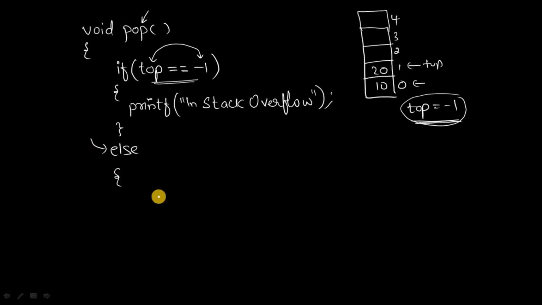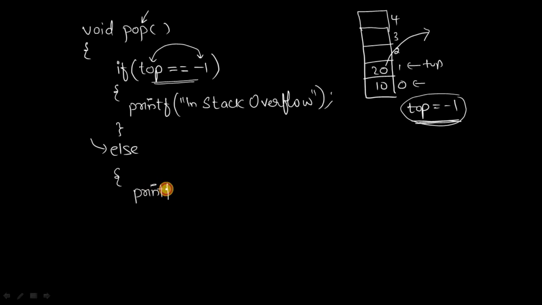So in the else part, what we have to do is delete this 20 from the stack and display that element for the user. Delete this element from the stack and display that element on the screen. So I have to write a printf here.